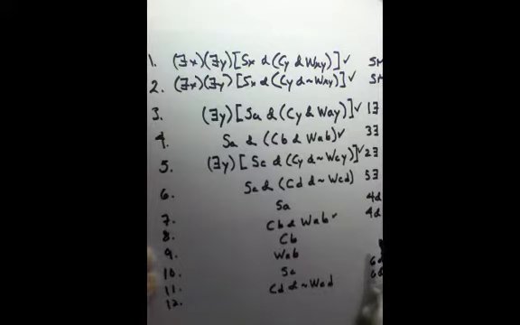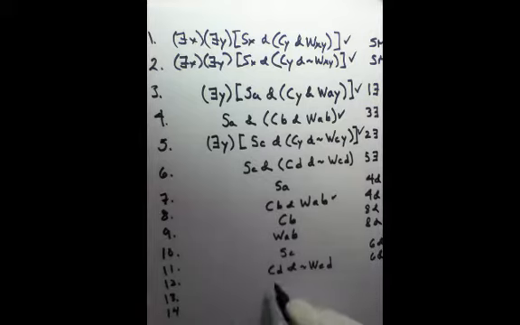Lines 9 and 10, by the way, came of course from 8 by conjunction decomposition. And then finally, lines 13 and 14 are going to be Cd and not Wcd. And those are going to come from 12 by conjunction decomposition.